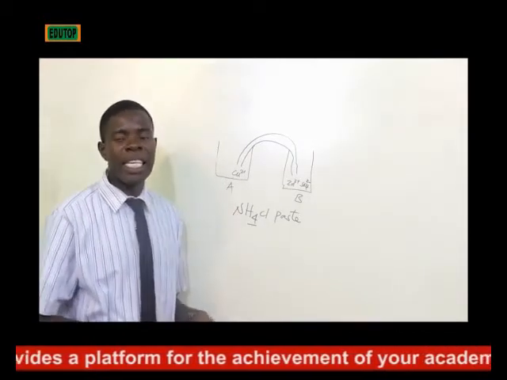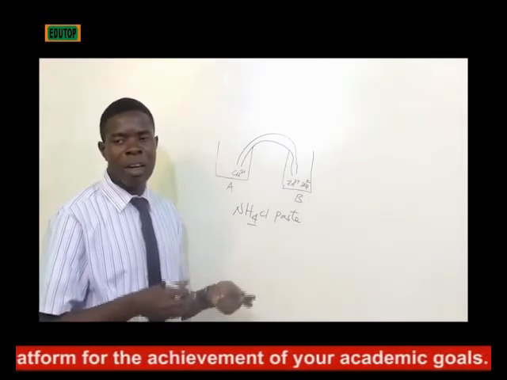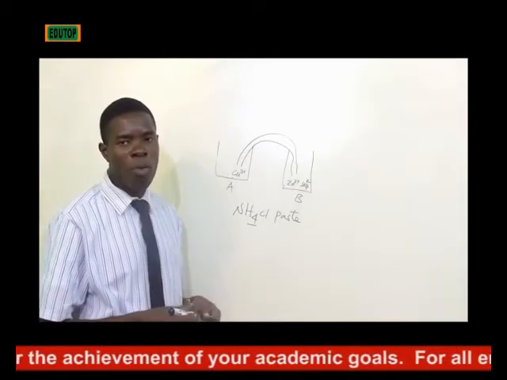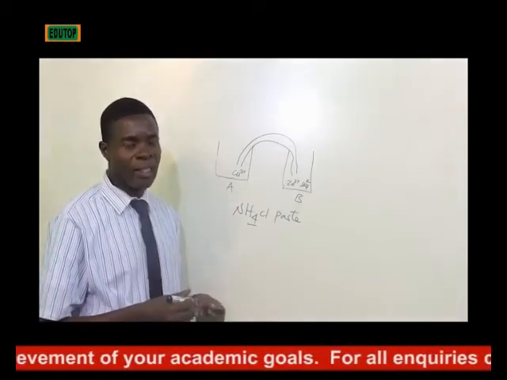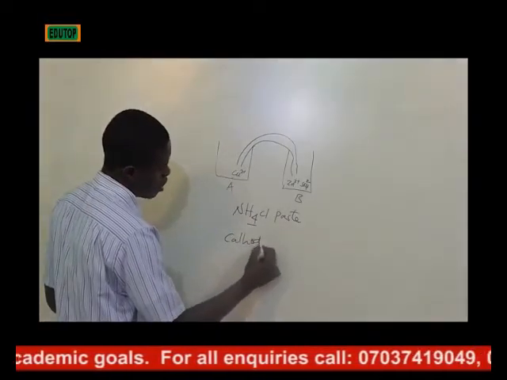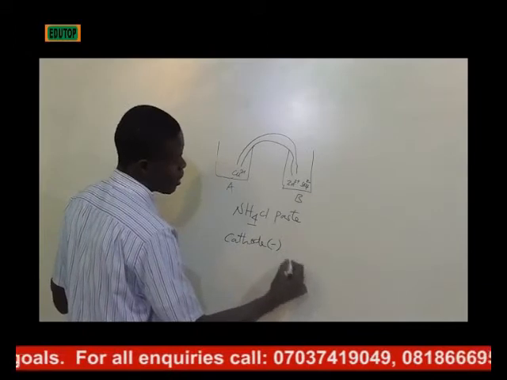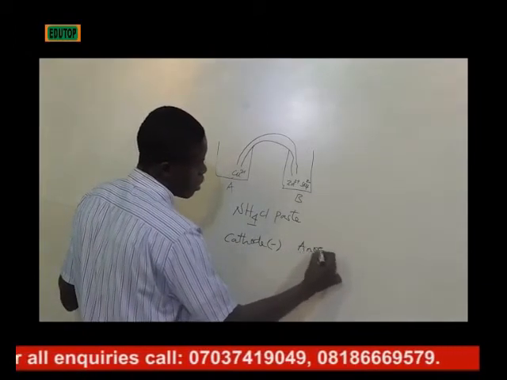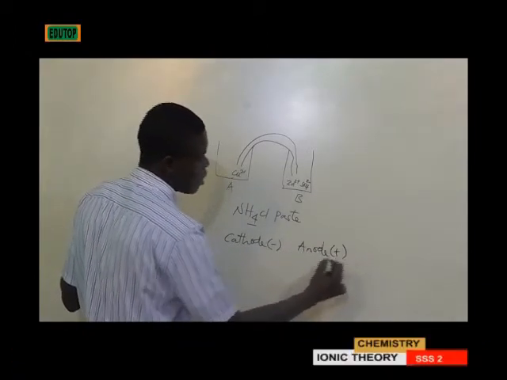Number 3, in the activity series of metals, metals higher up will serve as, since it is established that cathode is negatively charged and anode is positively charged.